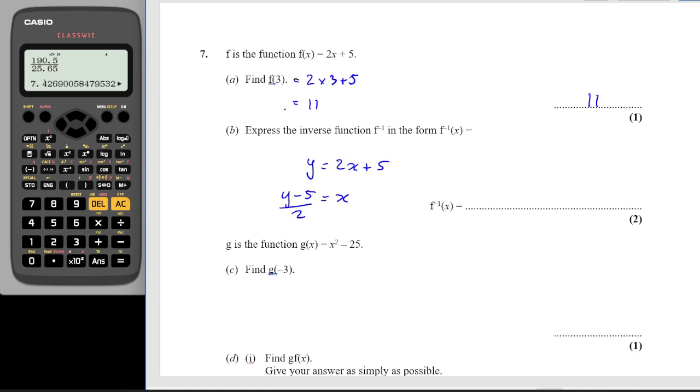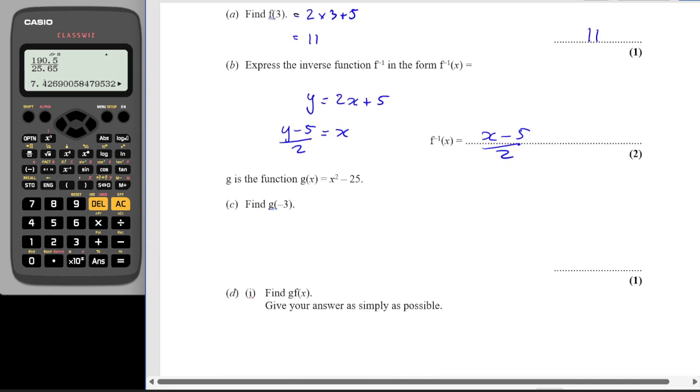So that means that the inverse function, and then I switch them back over, is going to be x minus 5 divided by 2. And that's the most straightforward way of viewing it. Or you can view it with a function machine if you wanted to. If I wanted to go backwards from this as a starting point, I would need to minus 5 from both sides and divide both sides by 2. But that's the nicest way of viewing it.